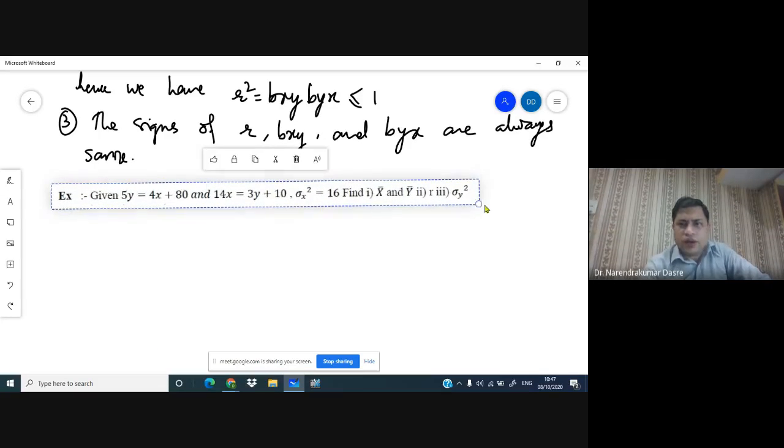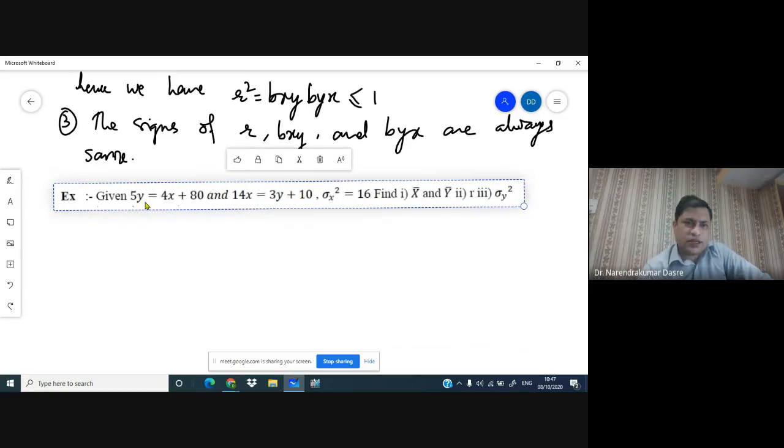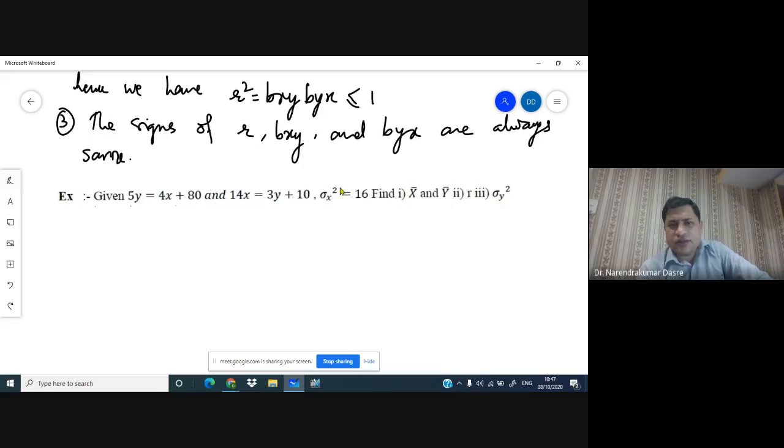We have the given lines of regression. You can see this is one line of regression, this is the other line of regression, and also given sigma x square. Then we have to find x bar, y bar, we have to find r, and then we have to find sigma y square. These are the quantities that we want to find out.